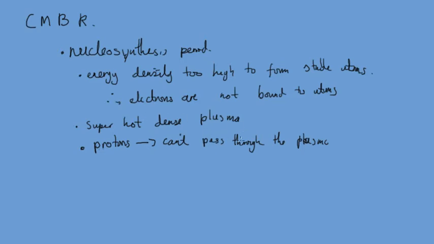So there are no free photons passing through this plasma. It's dense. When we say dense, it's so dense that there are no photons able to freely travel in space.